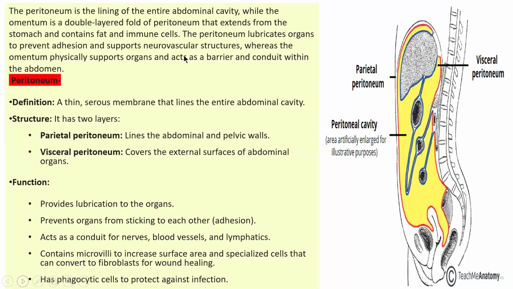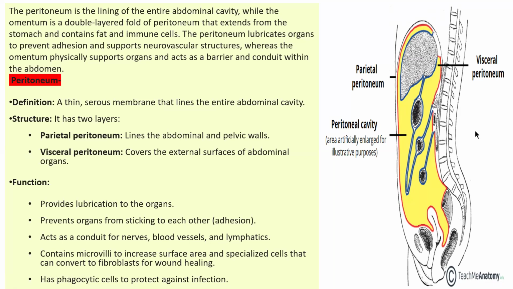So peritoneum is the lining of the entire abdominal cavity, while the omentum is a double layered fold of peritoneum. Points should be noted. Peritoneum is the serous lining of mesothelial cells and connective tissue of the entire abdominal cavity, while the omentum is a double layered fold of peritoneum that extends from the stomach and contains fat and immune cells.